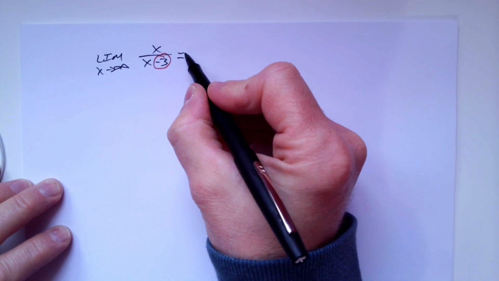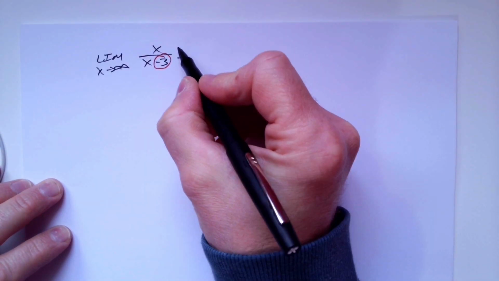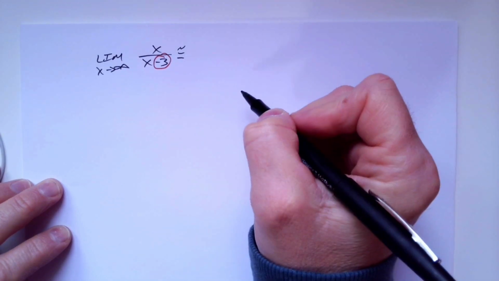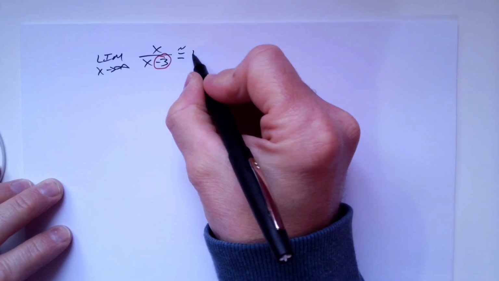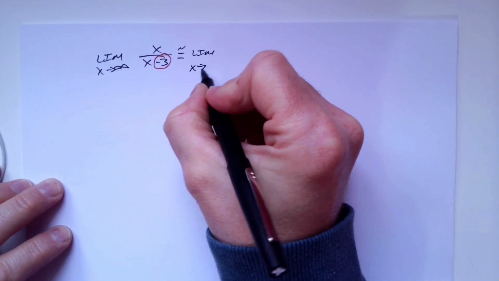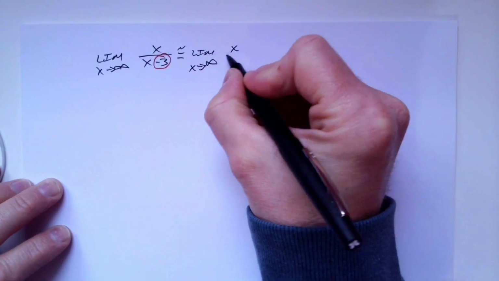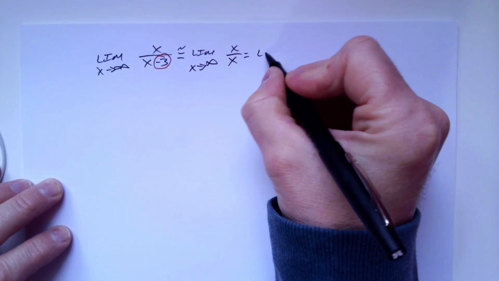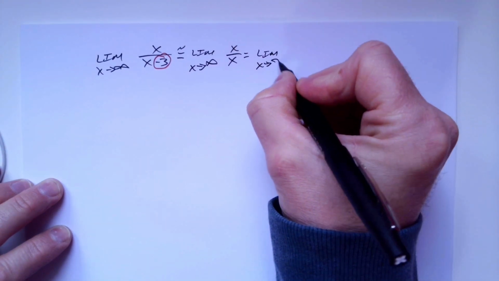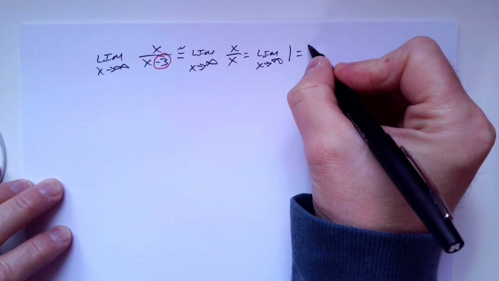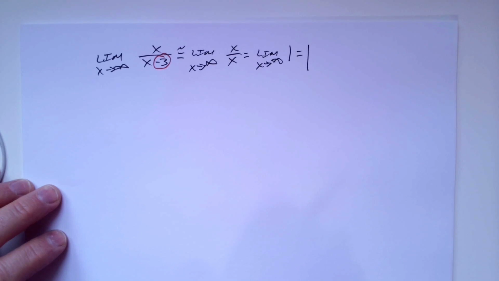So we can think of this, I put an equal sign there, but really what we should think about is maybe more of a congruence or an equivalence even. The limit as x goes to infinity of x over x, which is the limit as x goes to infinity of 1, which is 1, okay?